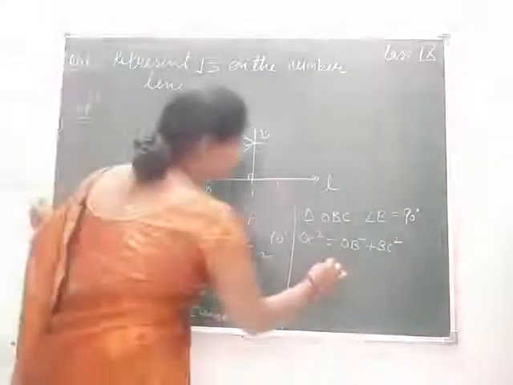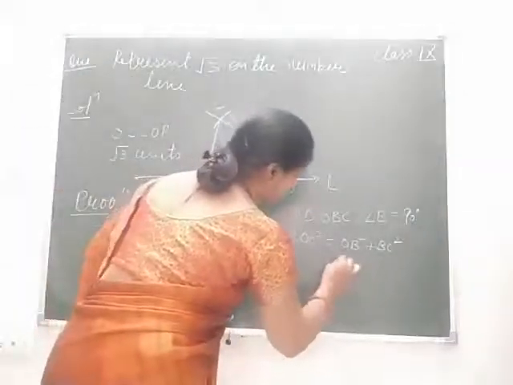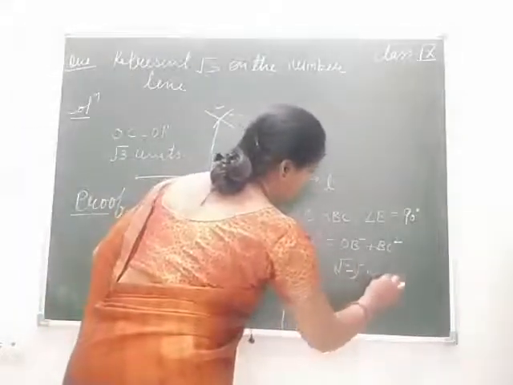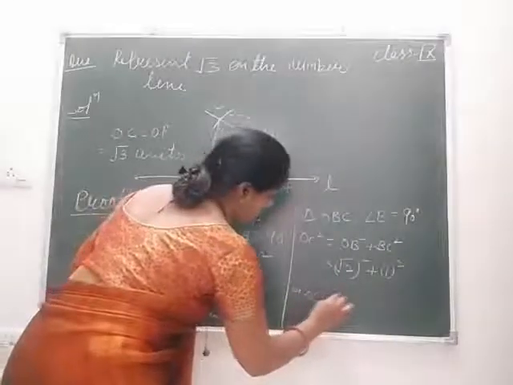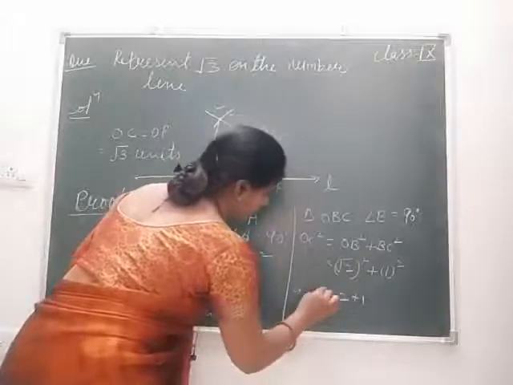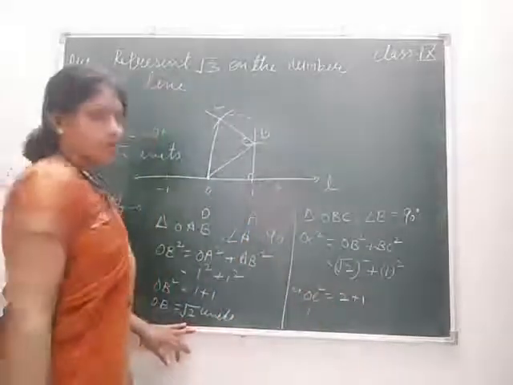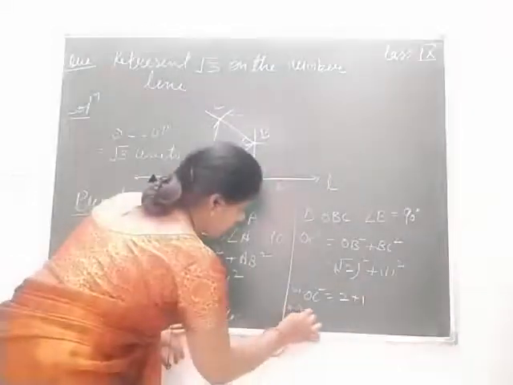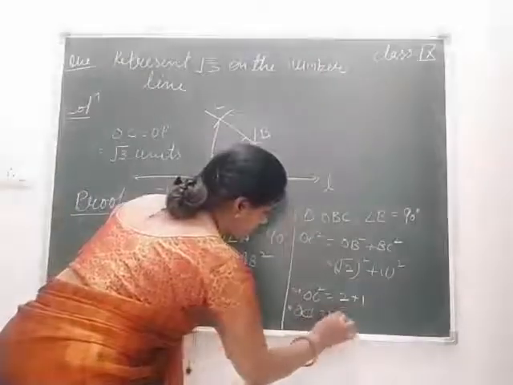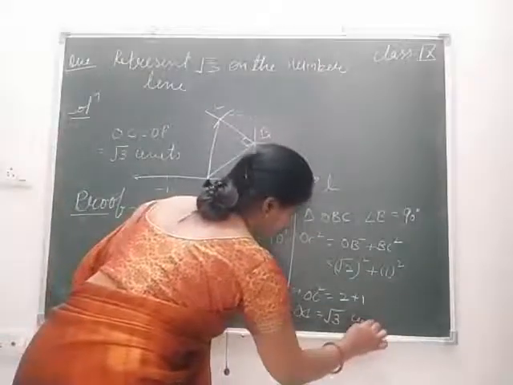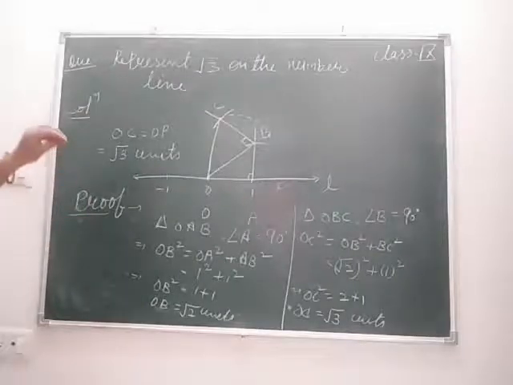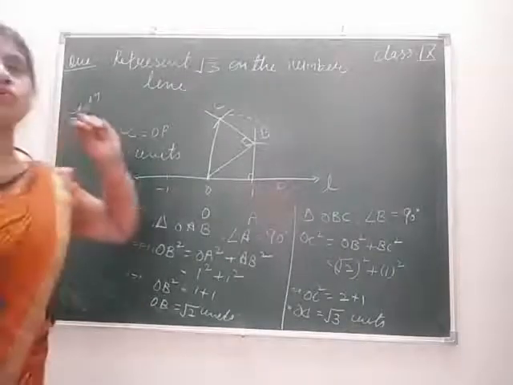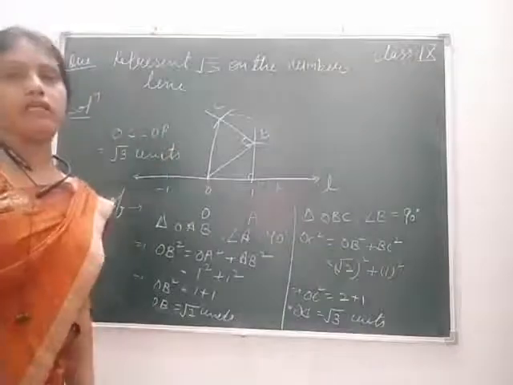OB square equals to 2 and BC square 1 unit means OC square equals to 2 plus 1 and OC equals to root 3 unit. Okay, that is the proof. And we represent root 3. Every root number is represented on the number line. Okay, students.